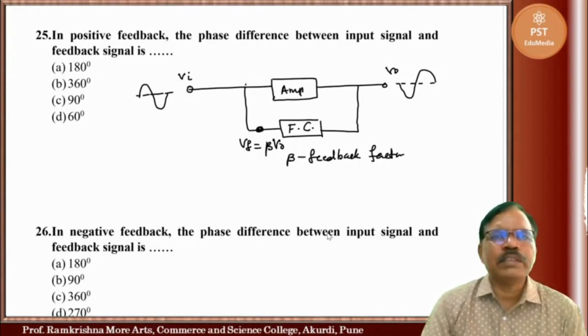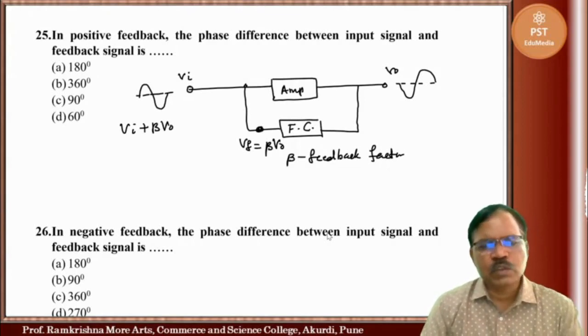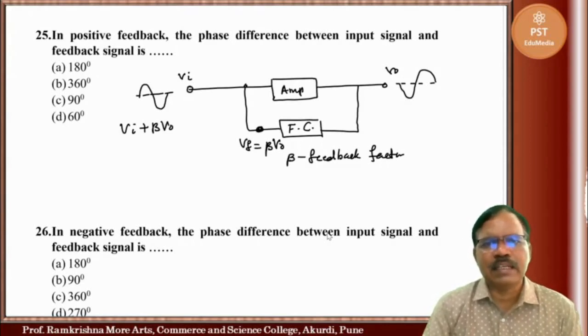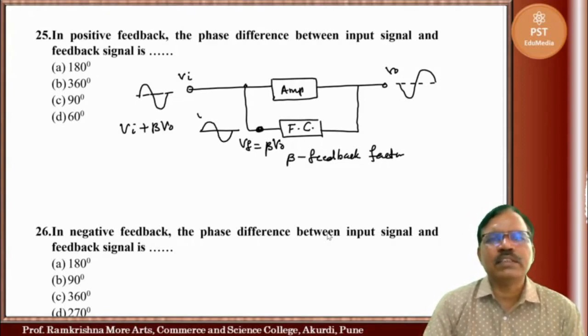Now in positive feedback, Vi plus beta times V0, or Vi plus Vf. So it must be added. So input signal and feedback signal must be in phase. So here this is Vf.